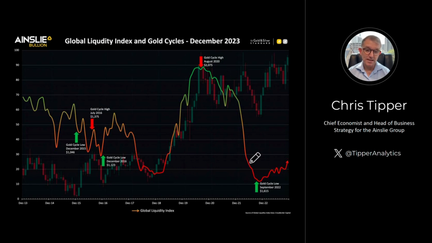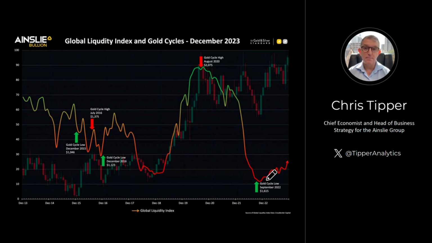And what we're seeing today is that the September 2022 low in the liquidity cycle lined up, or well, it was actually more like October, but very, very close. That lined up very nicely with the low that we saw in the gold cycle as well. So increasingly over time, and that's what we saw in that previous chart as well, where we were looking at how the cycles were lining up more with that sine wave over time, we're actually seeing the markets also starting to line up a little bit more closely with that liquidity cycle over time.